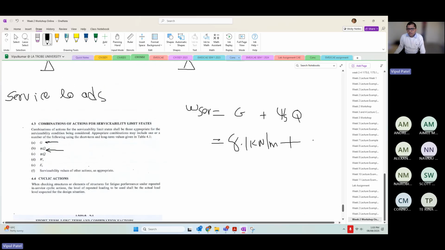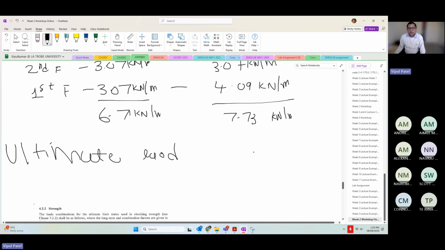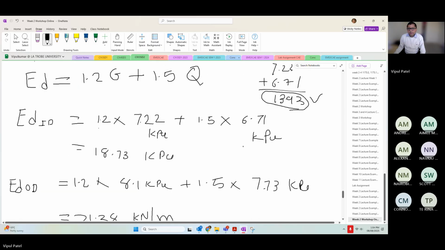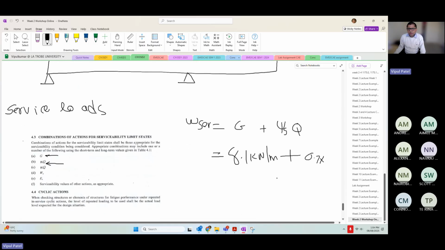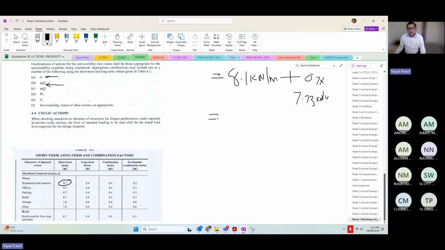So that's 0.7 multiplied by your live load, 7.73 kilonewton per meter. So basically they say that your service load would be 13.6 kilonewton per meter, right?